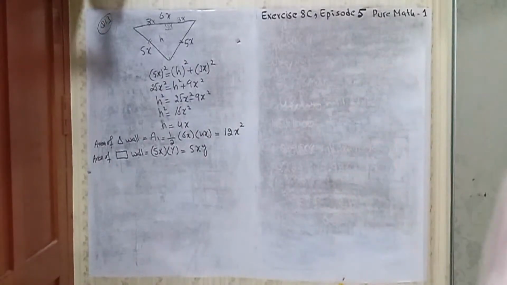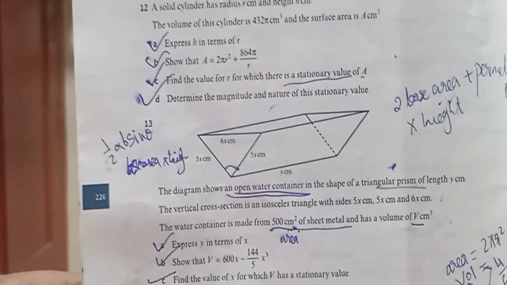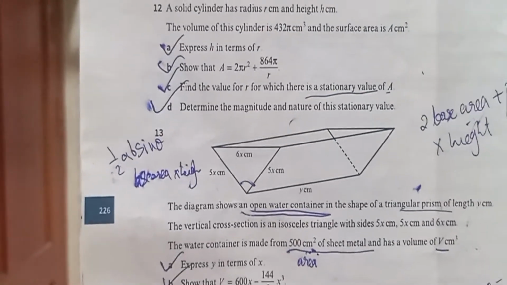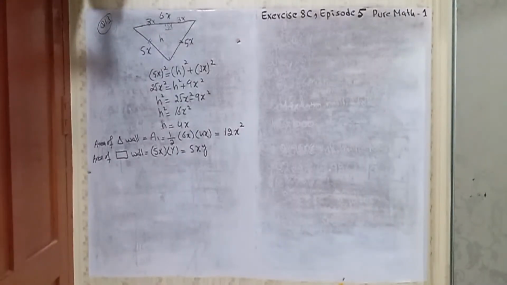Now, because this is an open container, there are two rectangular walls and two triangular walls. It's an open container, so there is no top.